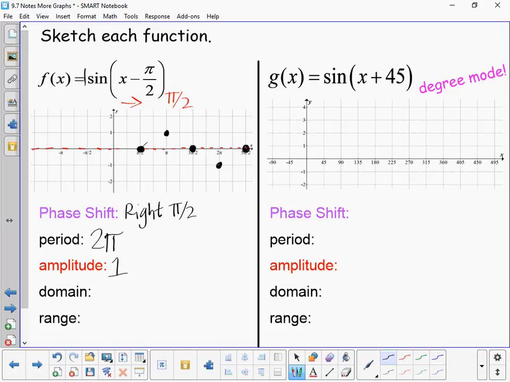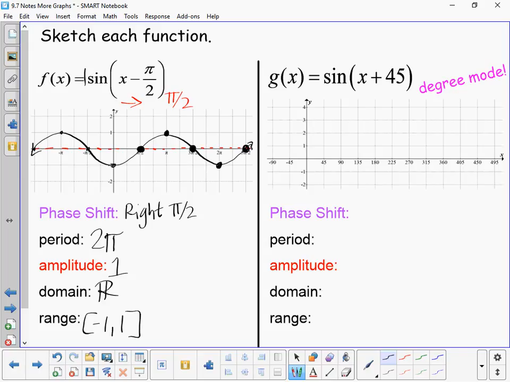So here is one cycle of the function, and then we can just repeat that pattern to fill in the rest. The domain of this function, like all sine functions, is all real numbers, and the range is from -1 to 1.